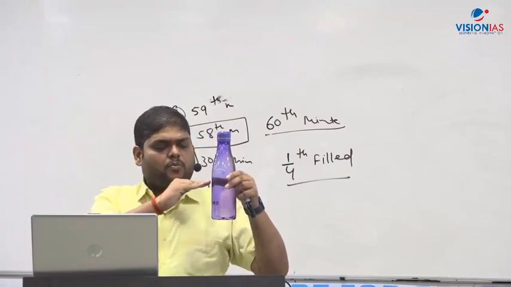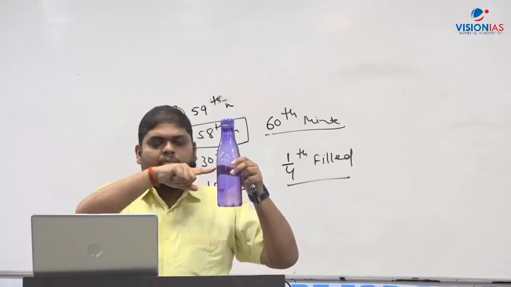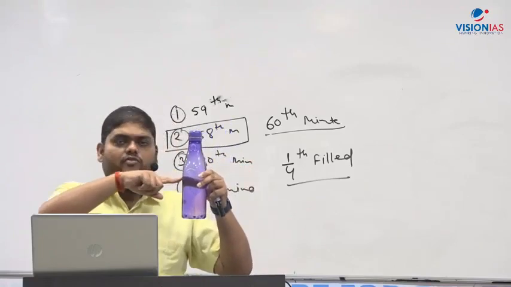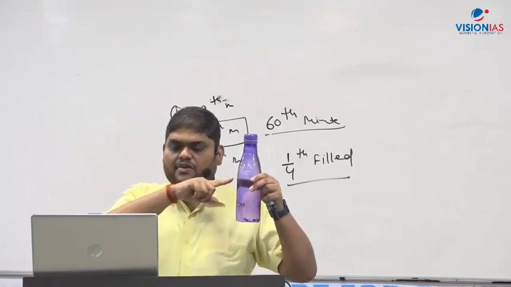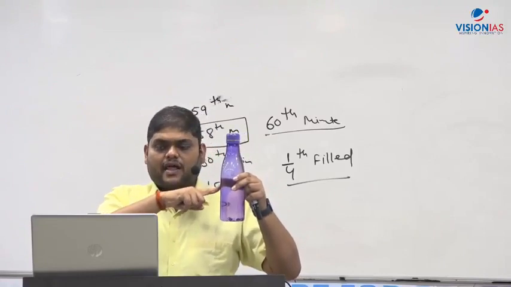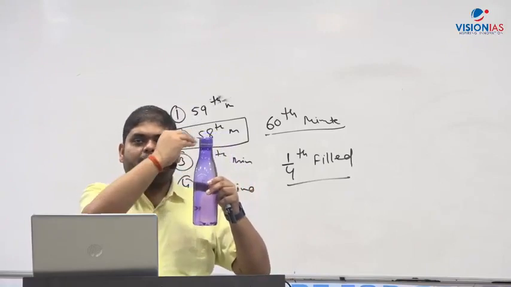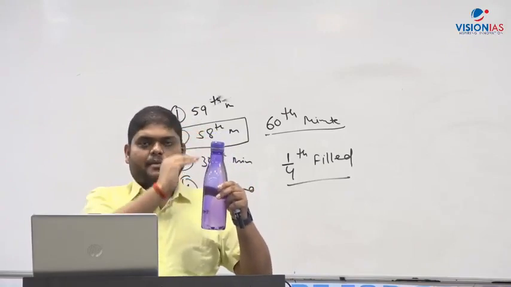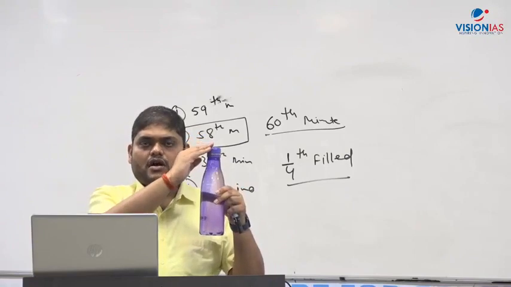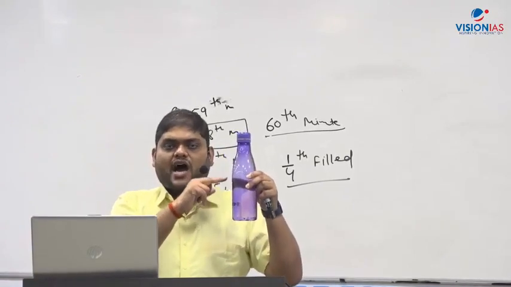Because suppose at 59 minutes this bottle was half filled. Next minute, the bacteria become double and it becomes completely full. So just 1 minute before, the bottle was half filled.